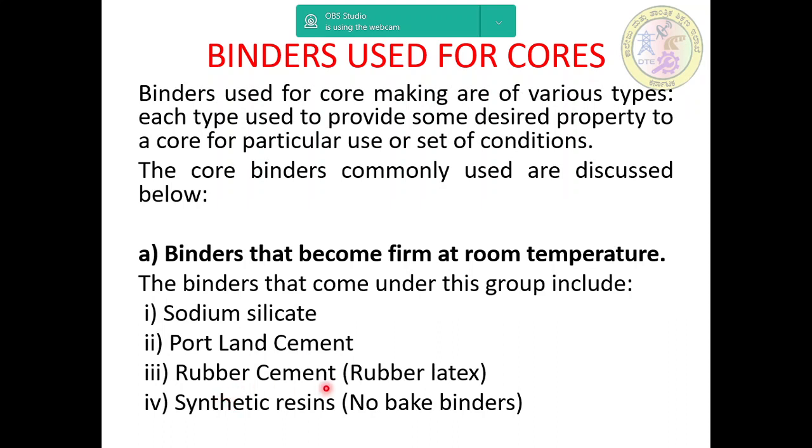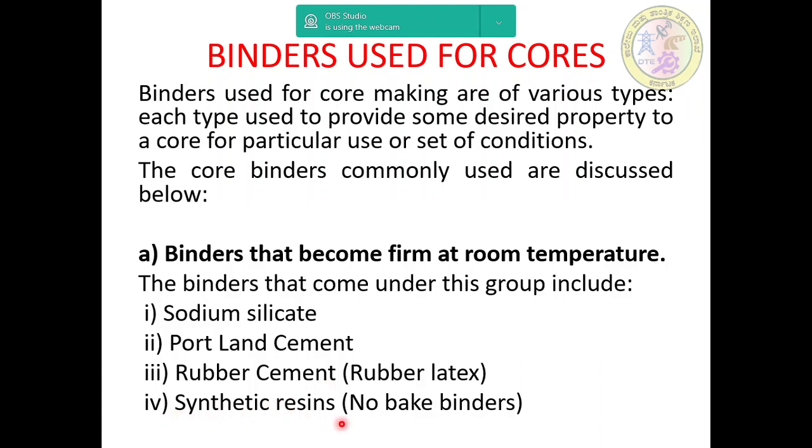Next one is rubber cement. Binding of cores with this binder is a patented process. Silica sand is mixed with water, and then rubber latex that is obtained from the plant is added. The core is rammed and allowed to harden at room temperature. And then last one is synthetic resins.